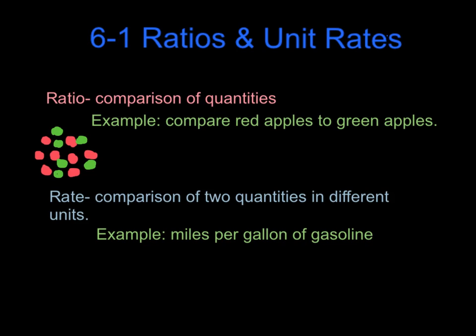So for example, if you did a ratio of red apples to green apples, in this lovely drawing on the left, you would say that there are 8 red apples to 6 green apples. Or you can write ratios using the word to, but the way that we most often want to work with ratios in math is writing them as a fraction.